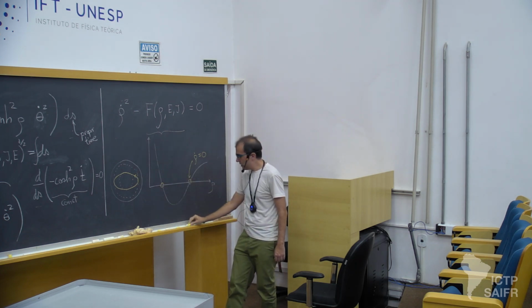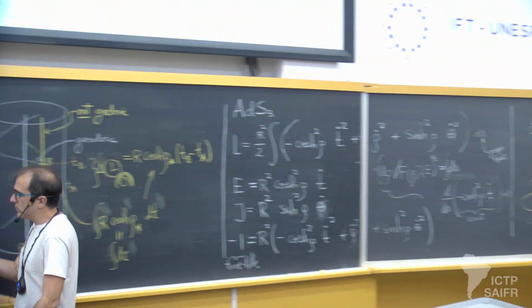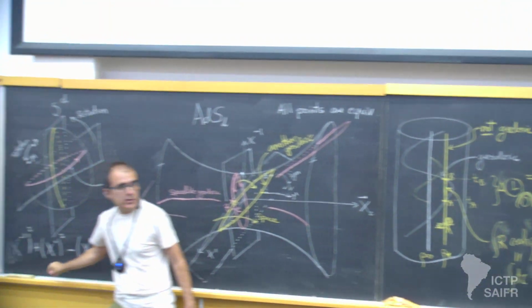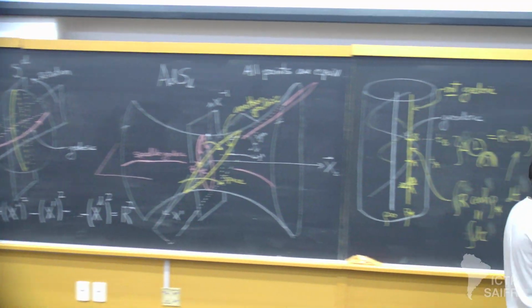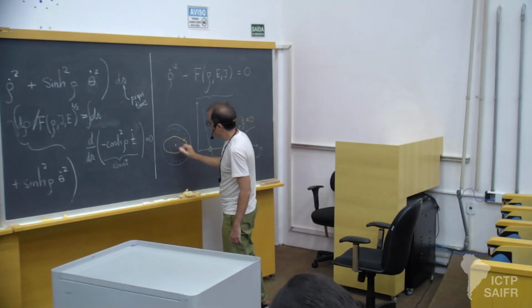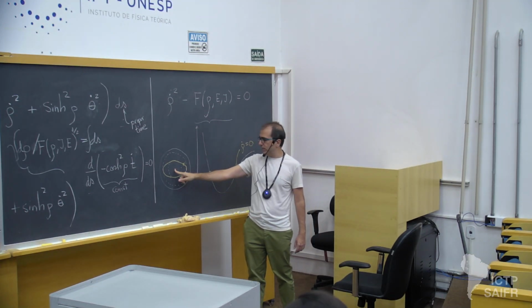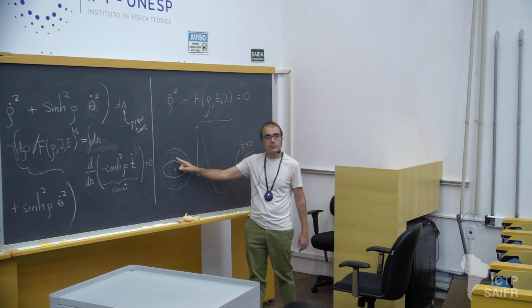So this is what you see from the top. You could draw some surfaces that would interpolate between these. That's what you would get if you integrate this equation. And this is time coming out of the plane. You are in the middle of AdS, and you see this friendly observer rotating like this.